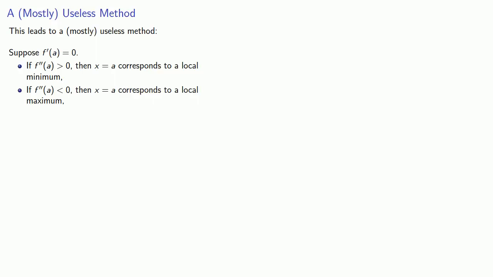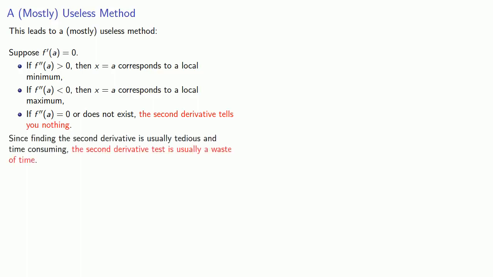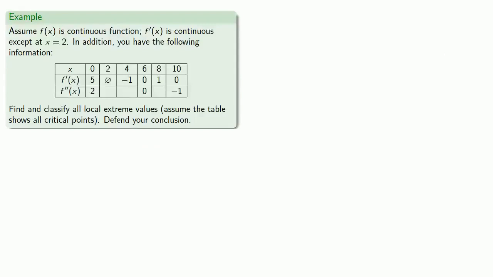If our second derivative is 0 or does not exist, the second derivative tells us absolutely nothing. And since finding the second derivative is usually tedious and time-consuming, the second derivative test is usually a waste of time. Well, let's see at least one case where the second derivative test is somewhat useful.